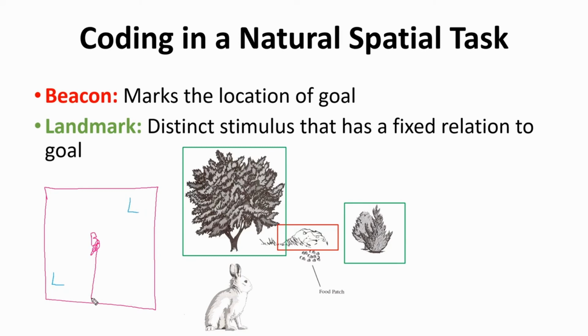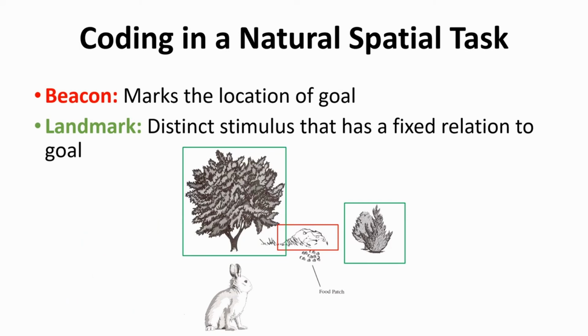So they would have to learn that they can't just go to the landmark. They have to find the location that's equally distant between the two landmarks. So if they wanted to find that goal location, they'd have to know that it's up and to the right from this landmark, and it is down and to the left from that landmark. So landmarks are a little bit more complicated to use than just a beacon.